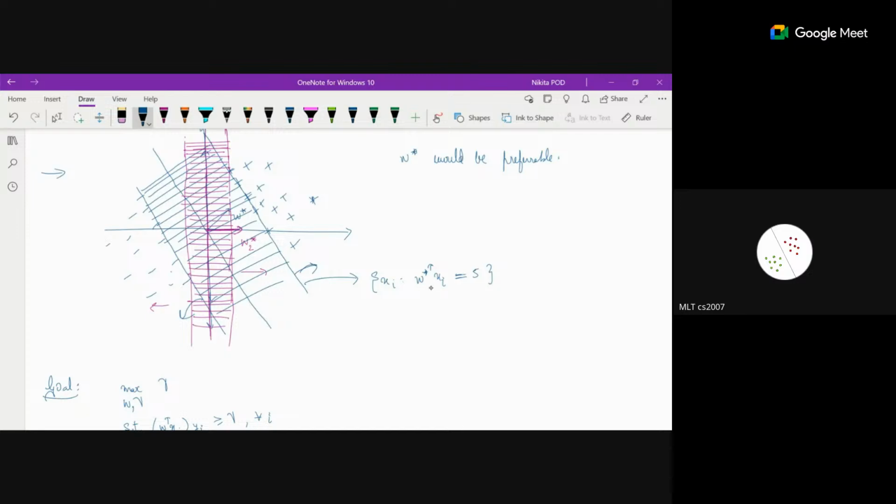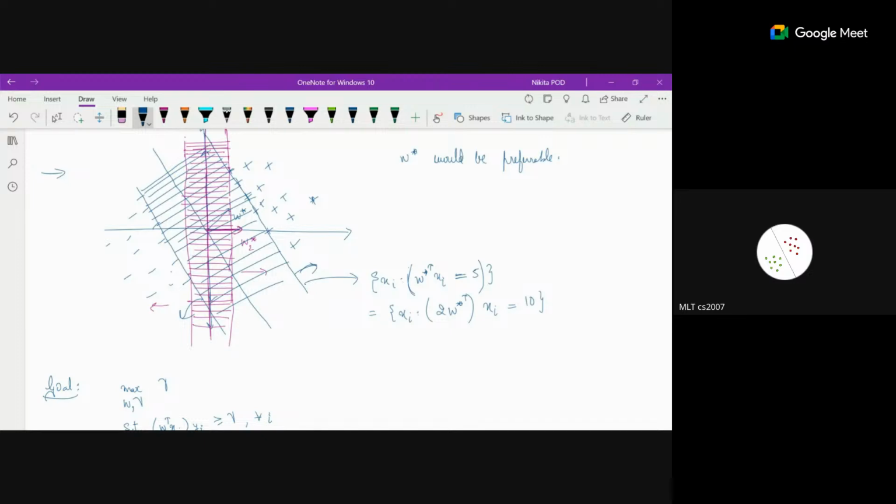If we scale this line by a factor of 2, what do we get? It will again be the set of all xi's such that 2 times w star transpose xi is equal to 2 times 5, which is 10, right?